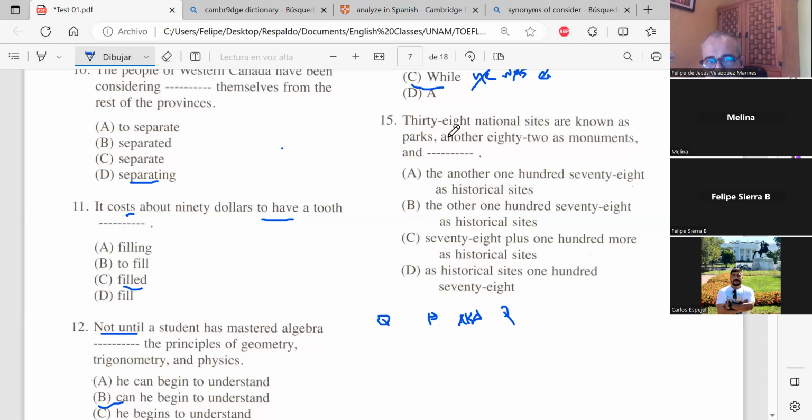Another quantity. And so we are using a reduction, eliminating repetition: are also known as monuments. So the reduction is quantity as place. So they are reducing. Place are also known. So I have to look for another quantity that expresses quantity as place. The another, we cannot say another with the article, no. This is not.